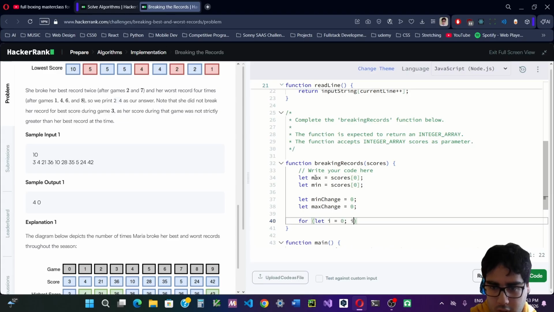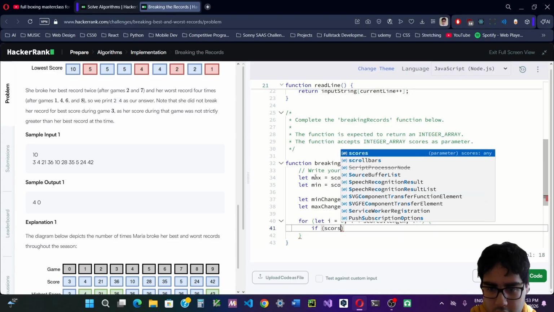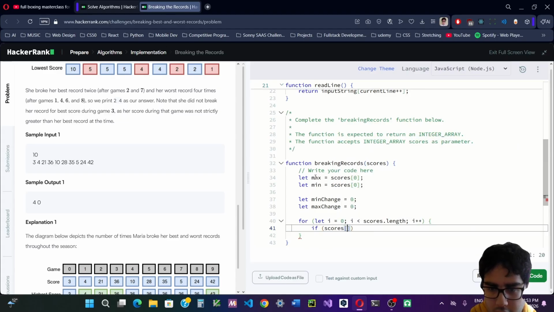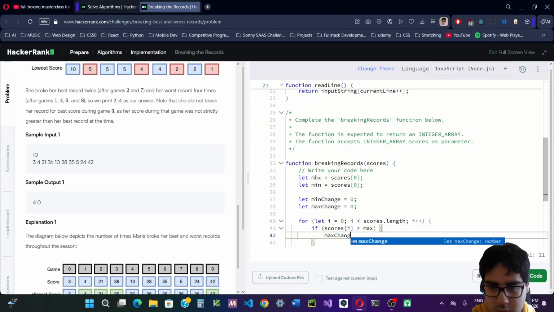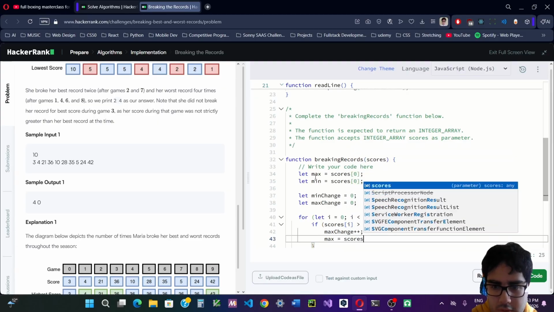Let i equal 0; i less than scores.length; i plus plus. If scores[i] is greater than max, maxChange plus plus, max equals scores[i].